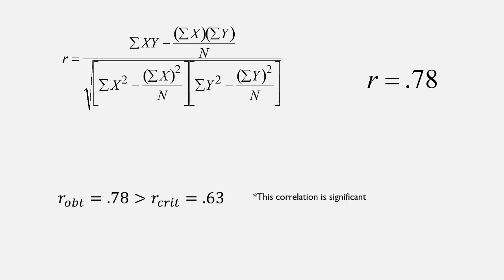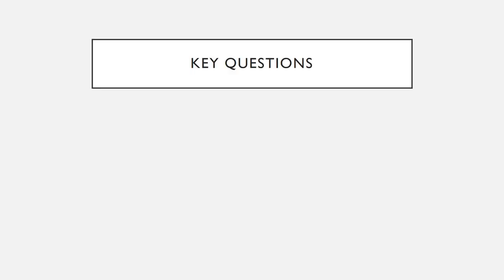Don't get rid of the negative sign when you write up your correlation. Just when you interpret it for significance, make sure that when you evaluate it against the critical R, you take that absolute value first. Because if this correlation had been negative, let's say it was the correlation between nostalgia and anxiety, and that correlation was negative 0.78, that still would have been significant, because it is about the distance from zero of your R value when you're interpreting the magnitude.